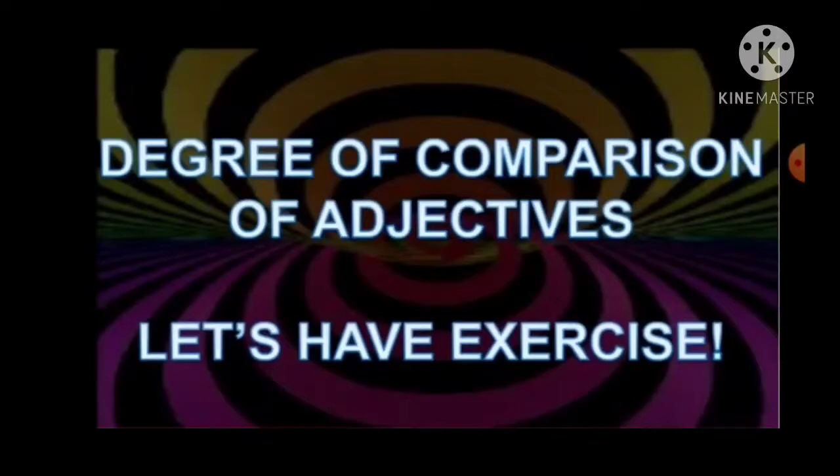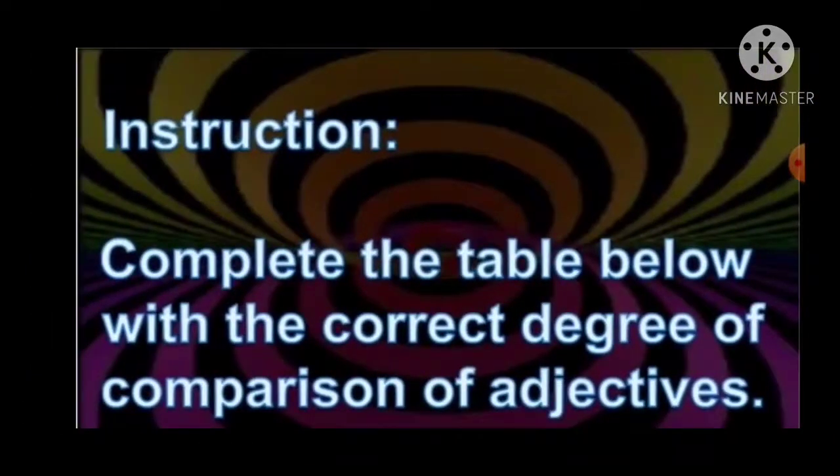And to check how well you understood this topic, let us have an exercise, a practice test. This is the instruction. First, I am going to show you some questions, and the order of the adjectives is positive degree, comparative degree and superlative degree as usual, and under the three headings, one adjective form will be missing.